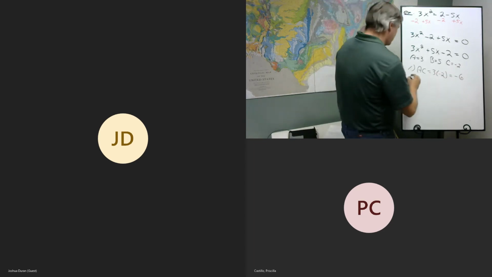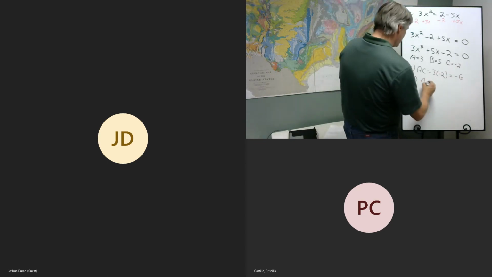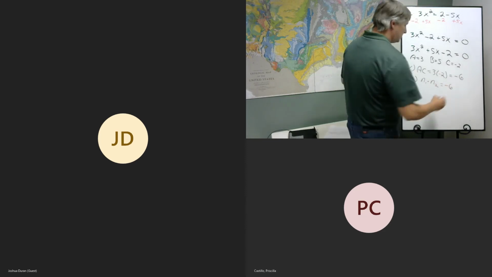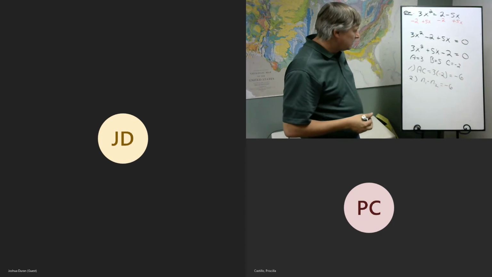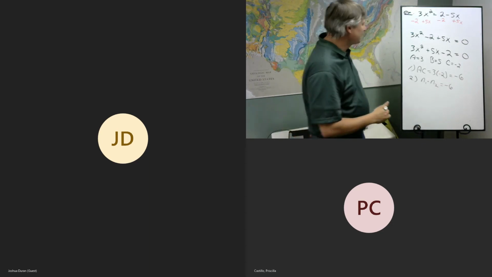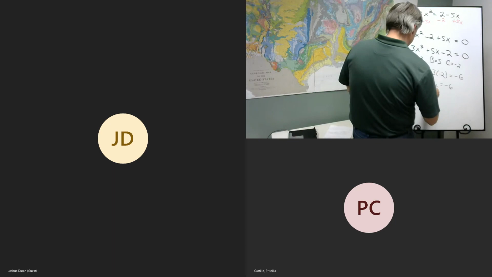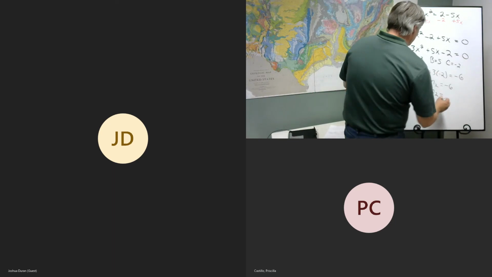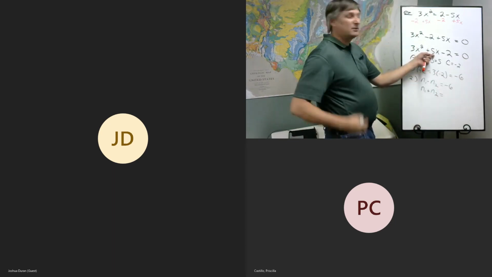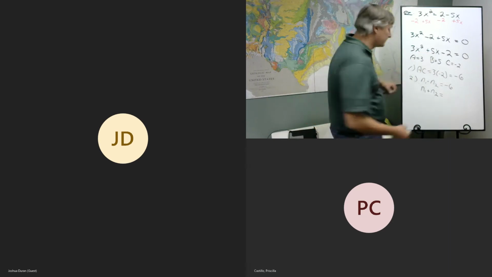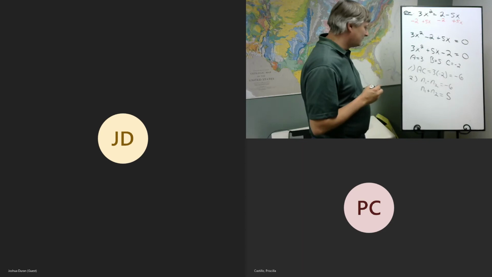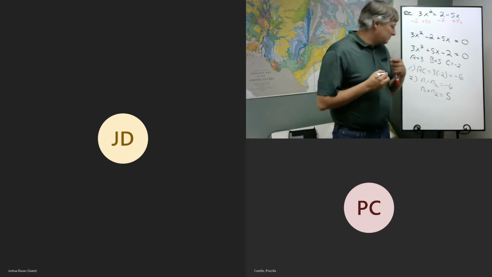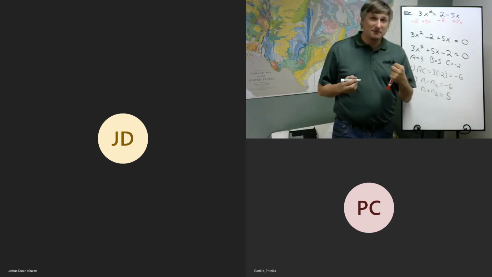So now what we want are two numbers, n1 and n2, where their product is -6. But if you add them together, you're going to get this middle number, hence why I recommend putting it in standard form, equal to 5. So two numbers that multiply to -6, but they add up to 5.